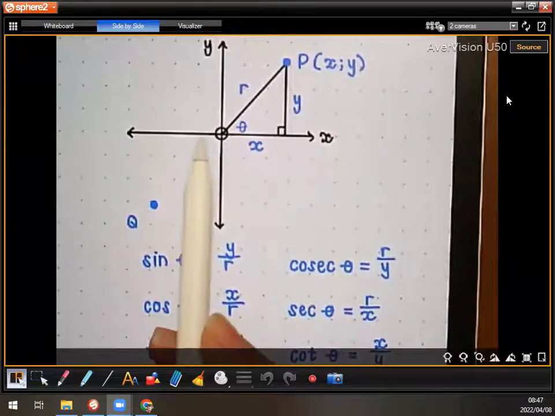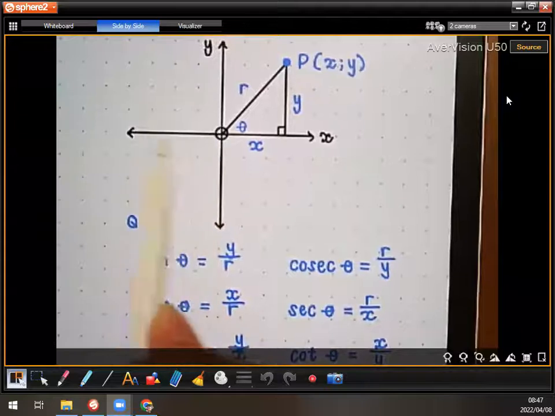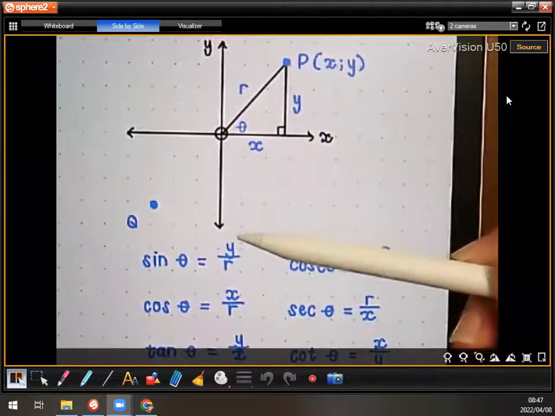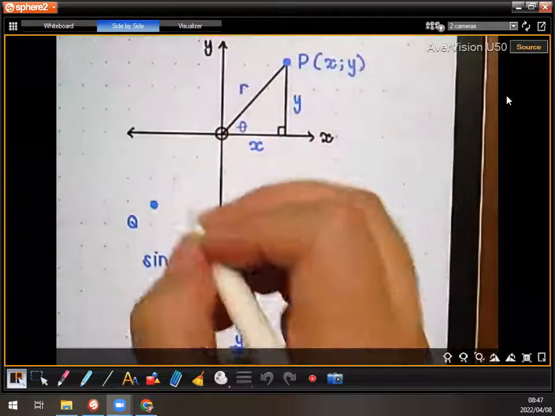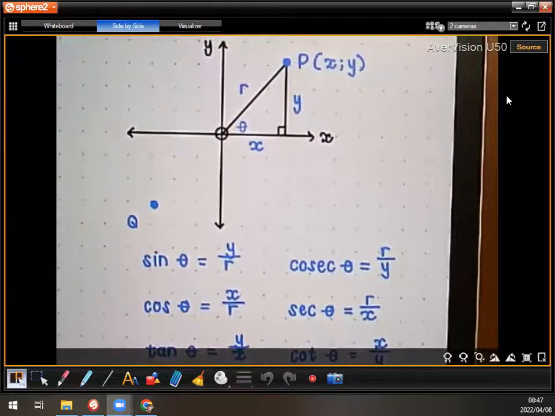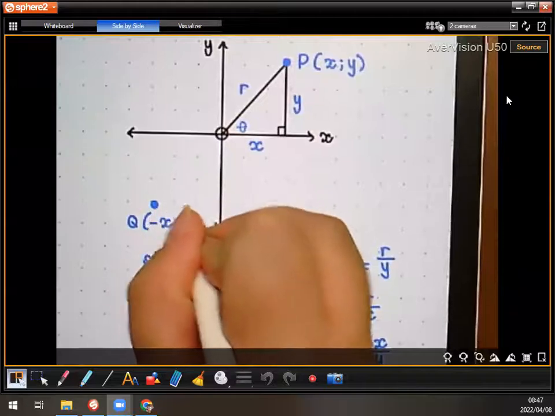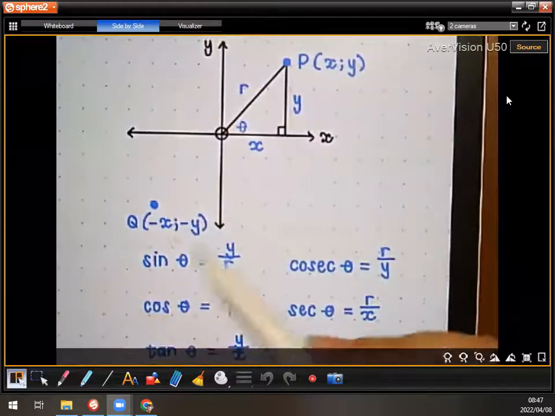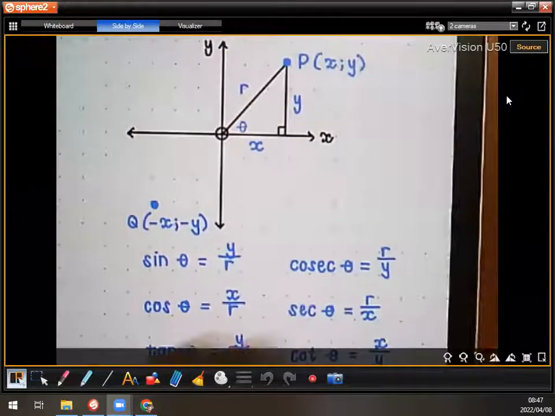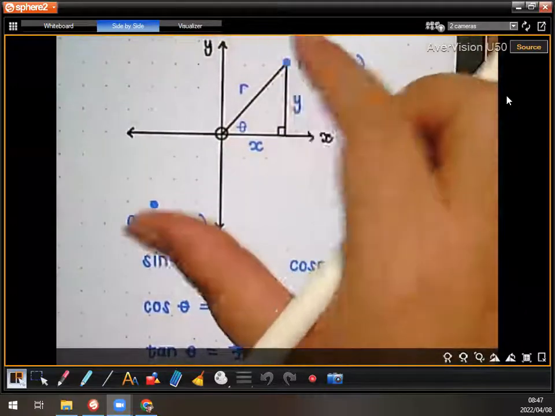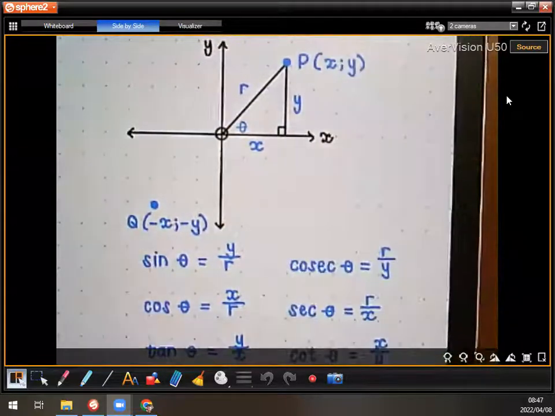Which x values do we have in the third quadrant? They are negative, and the y values are also negative, right? So I'm going to put here negative x, negative y, because it is relating to point P. The idea is that these two points are basically a reflection that way, okay?